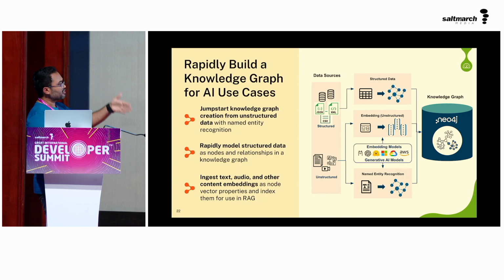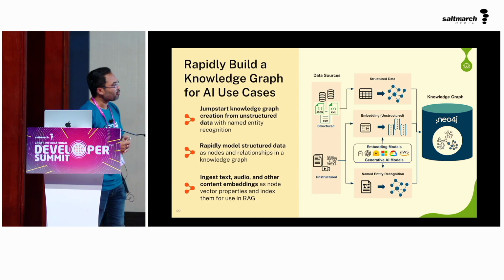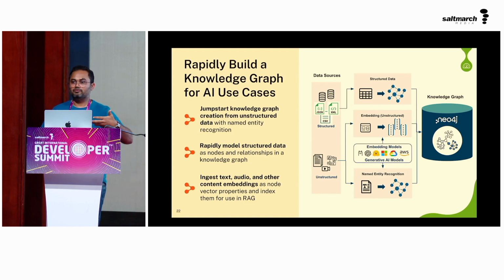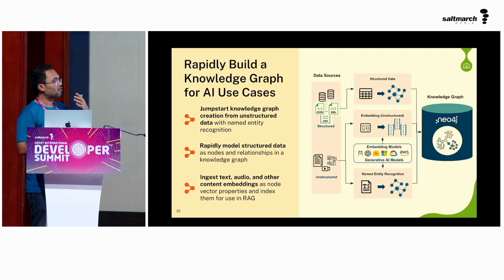And if you have unstructured data like text documents or PDF files, then you can leverage NLP techniques like named entity recognition. A few of the large language models are very good at these NLP techniques, where they can translate your unstructured data into the knowledge graph as quickly as possible in an automated fashion.